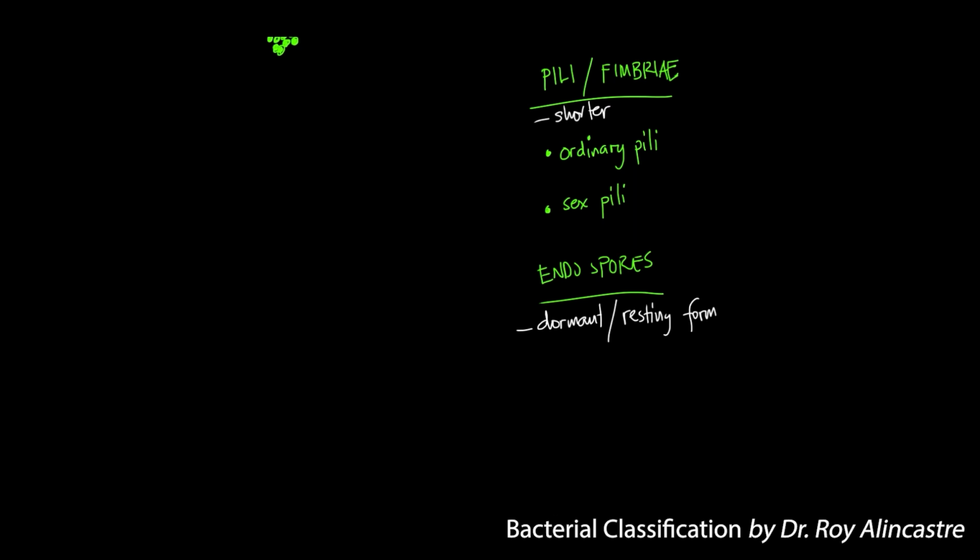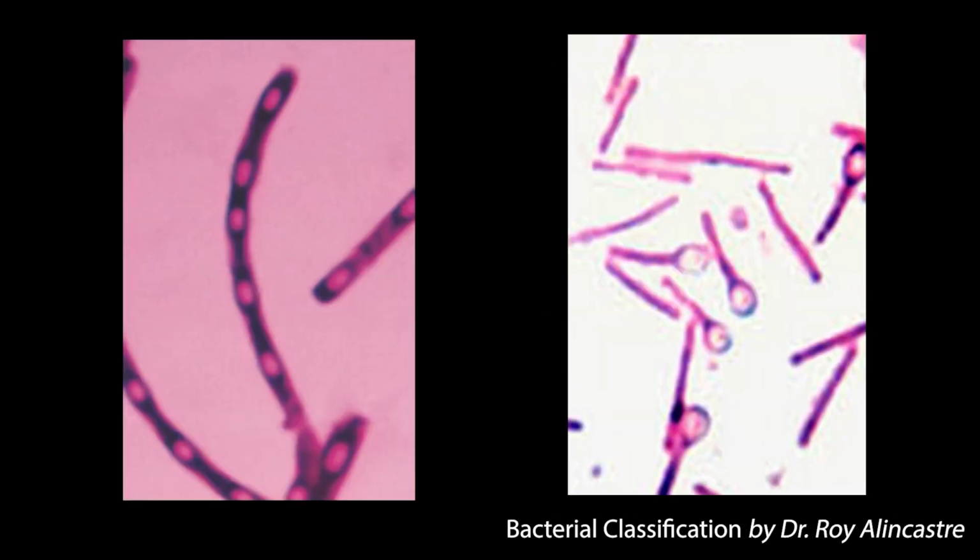The endospore remains in a dormant state until favorable conditions for growth are again encountered. So this is actually a survival tactic, no, by certain bacteria to survive extreme conditions. Endospores can be located differently in different bacteria, and you can actually use them to identify due to these characteristics. For example, Bacillus subtilis have central endospores, and Clostridium tetani have terminal endospores.